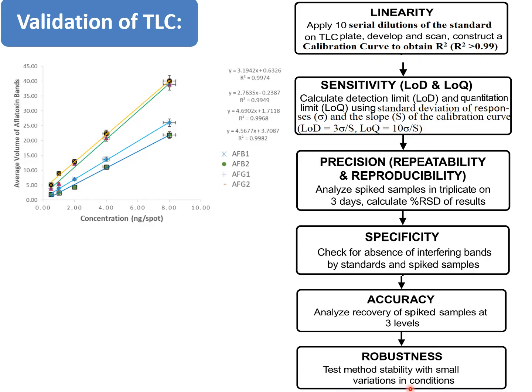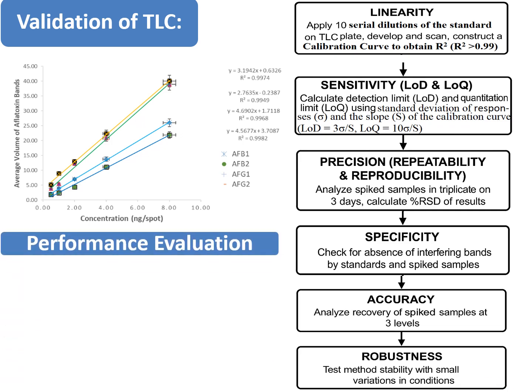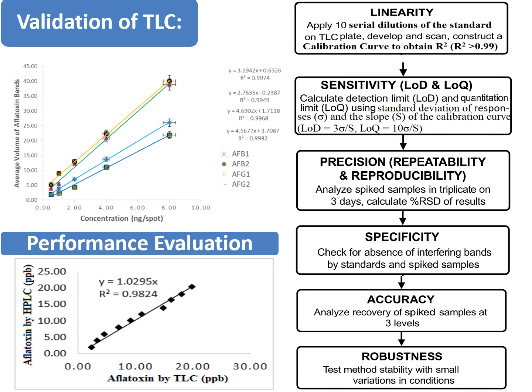For example, in order to validate a thin layer chromatography, its performance can be compared with high performance liquid chromatography. So the last step could be the comparison between the developed method and the gold standard.